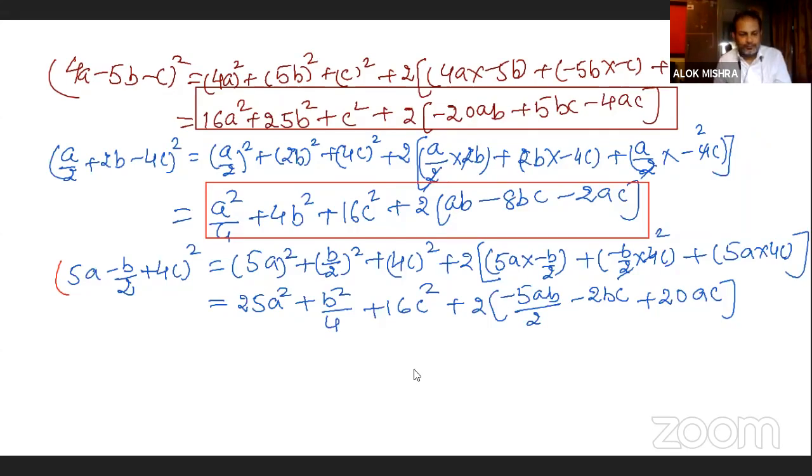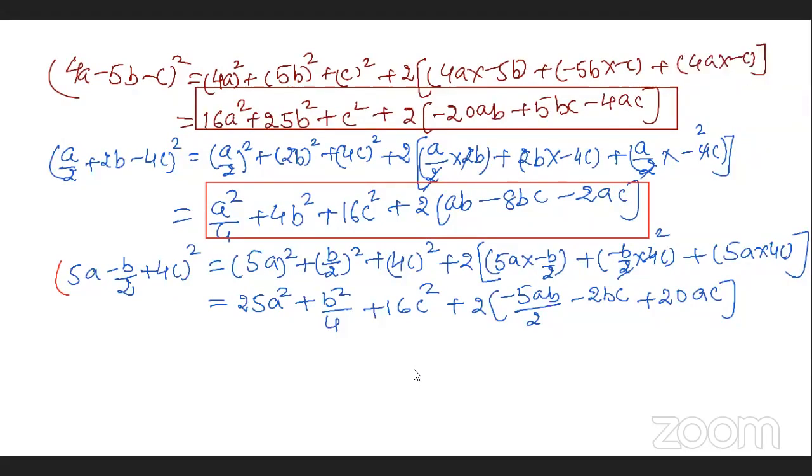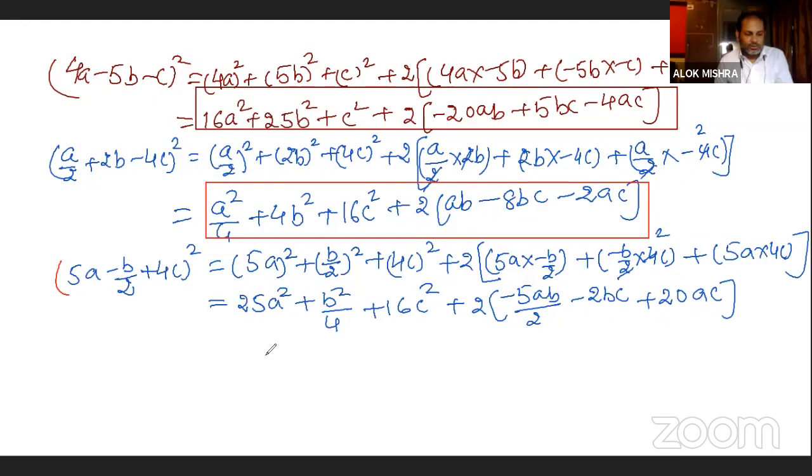Is that fine? Yes. Okay. Now the 10th question, that is the last question of this particular exercise, is basically the application of the questions we have been doing so far. Can I change the page?